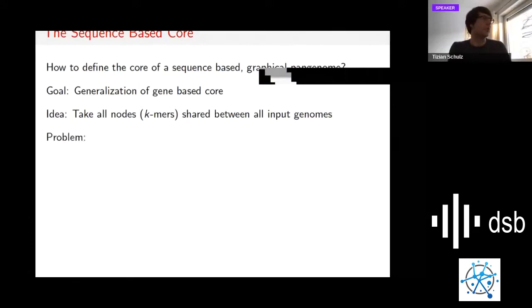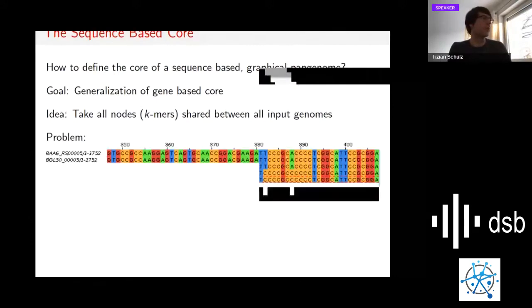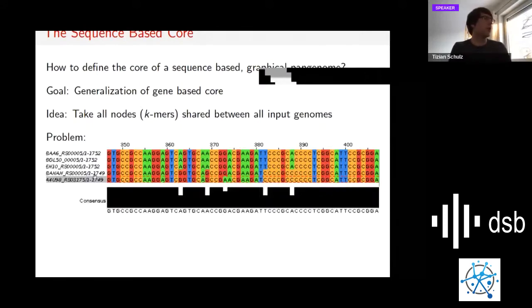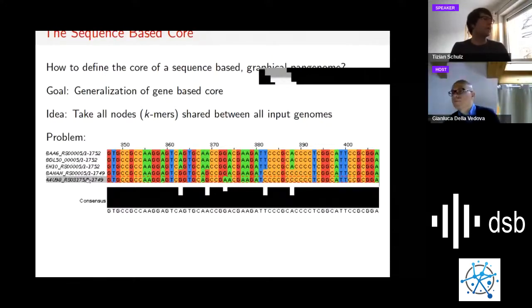But then we will soon encounter a problem, and I tried to depict this by this multiple sequence alignment here. What we see is a multiple sequence alignment of some genes which are homologs in different individuals of the same species, and these genes we might want to have as part of our core genome.